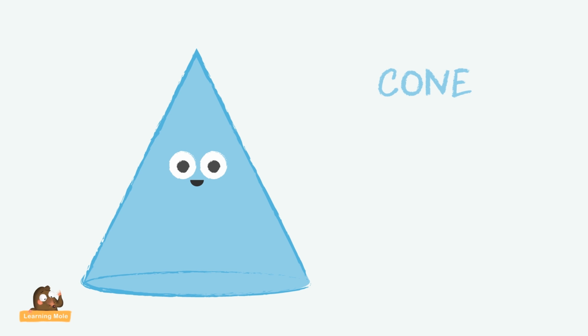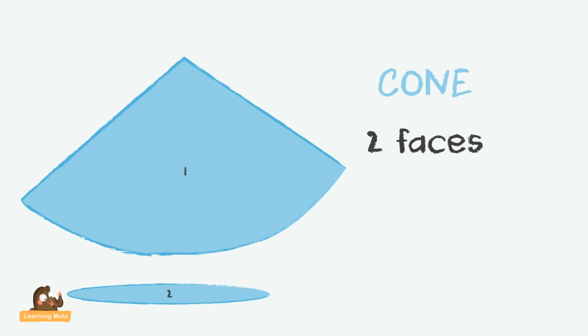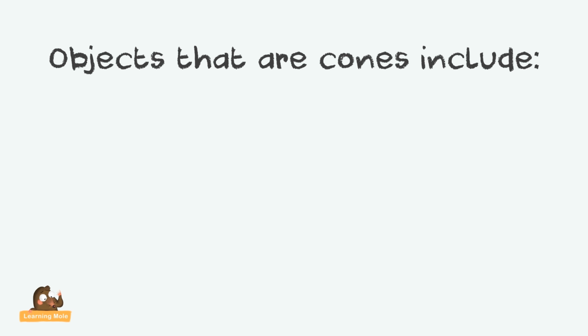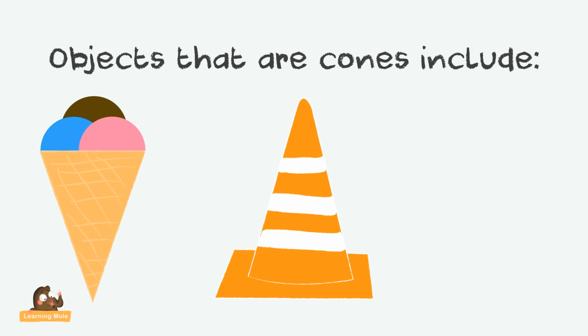Cone. A cone has 2 faces, 1 edge, 1 vertex. Objects that are cones include ice cream cone, traffic cone, party hat.